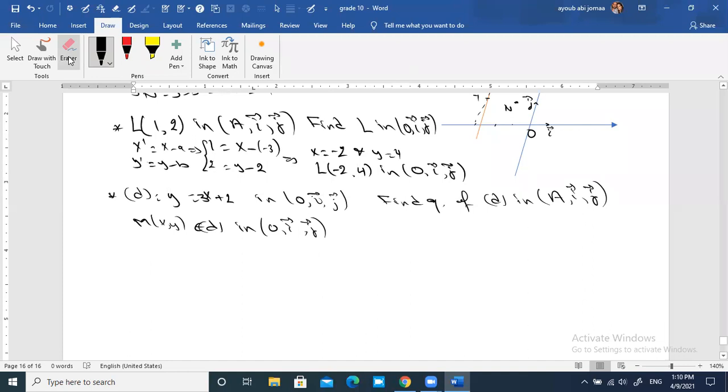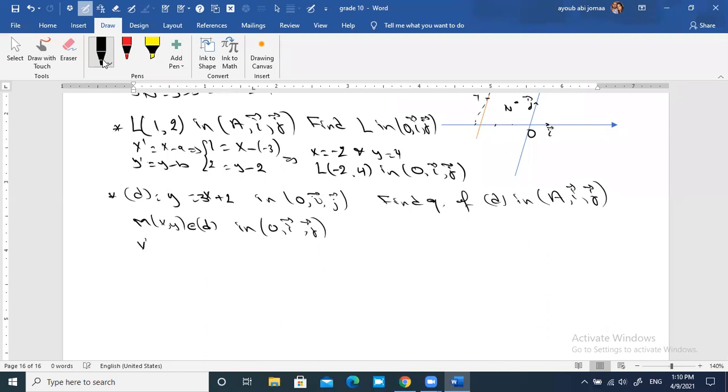Again, we have to find the equation of line D in the system AIJ. So in order to find the equation of line D in the system AIJ, I need to find a relation between the coordinates of a point in the system AIJ. If point M belongs to line D, has coordinates x, y in the system OIJ, then what will be the coordinates of M in the system AIJ?